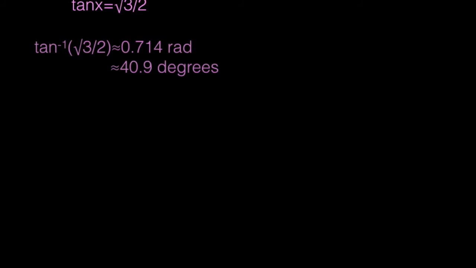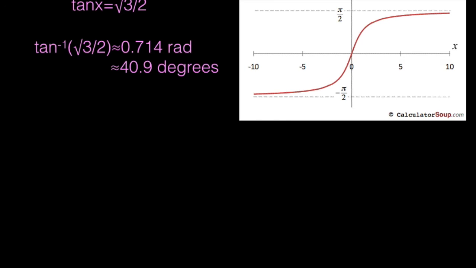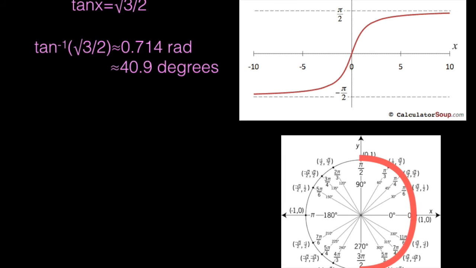If we take the inverse tan of root 3 over 2, we get roughly 0.714 radians, or 40.9 degrees. Now, you have to remember that the inverse of tangent gives us a range of negative pi over 2 to pi over 2. So on the unit circle, it only covers the red arc.